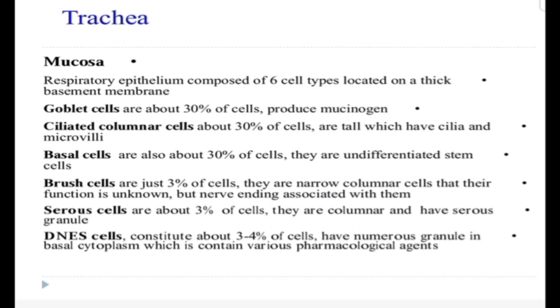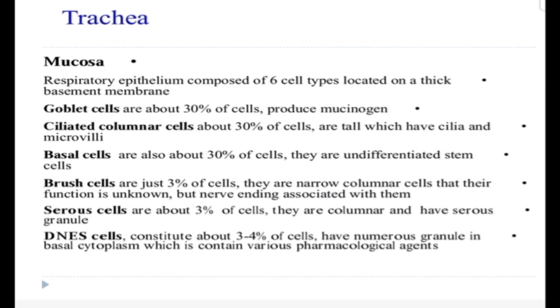The brush cells are just 3% of the cells. They are narrow columnar cells, and their function is unknown, but nerve endings are associated with them, and they are supposed to be neuroepithelial cells. Then we have the serous cells, about 3% of the cells, which are columnar and have serous granules.